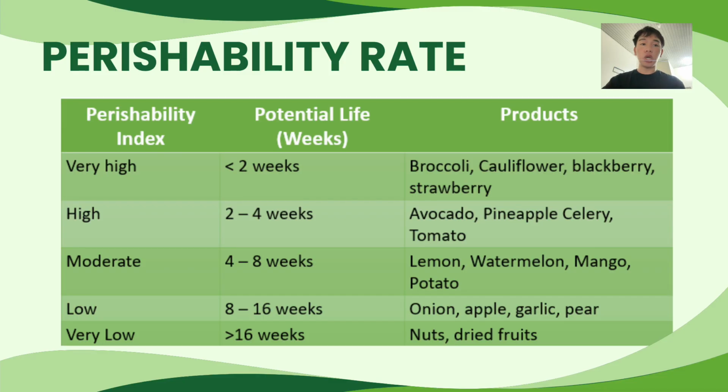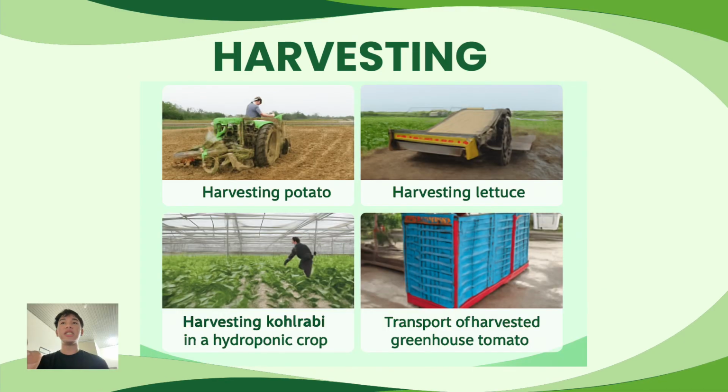Okay, let's go to the next slide, which is harvesting. Here are the different kinds of harvests: harvesting of potato, harvesting of lettuce, harvesting of kohlrabi in a hydroponic crop, and transport of harvested greenhouse tomato. You probably know harvesting already, guys.